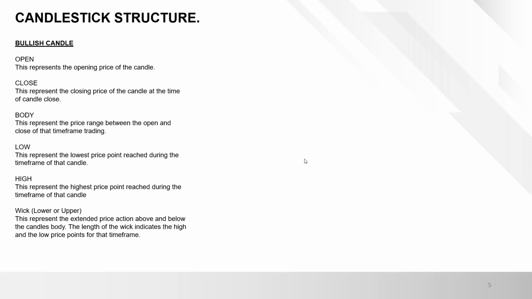So, what comprises a candlestick? Mainly, there are 4 criteria that you need to take note of. Actually, I would say 5. So we've got the open. For a bullish candle, mostly it is represented by a green solid candlestick with either long or short wicks at both sides.